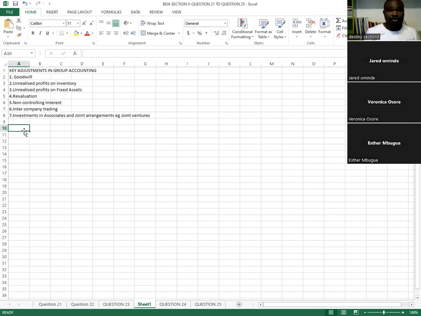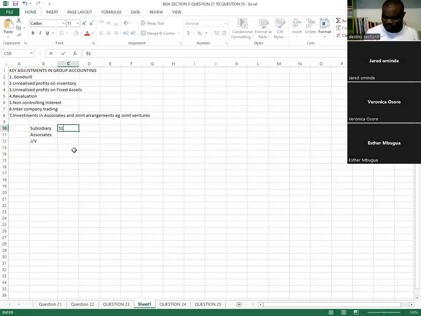So the first thing you're supposed to know are these percentages. We do have subsidiaries, we have associates, we have joint ventures. A subsidiary is an entity in which the parent has between 50 to 100% of the shareholdings.